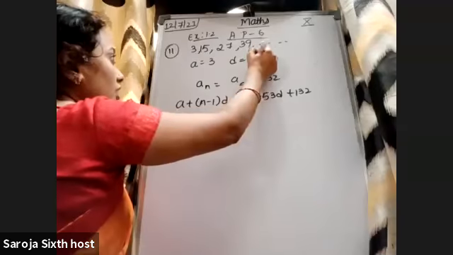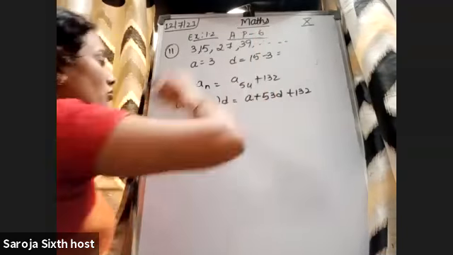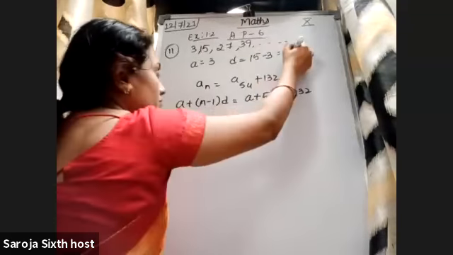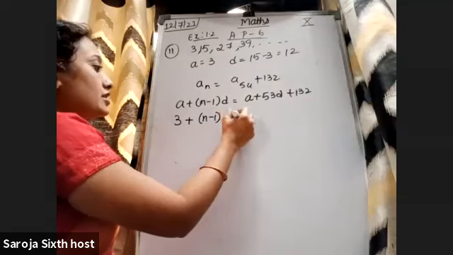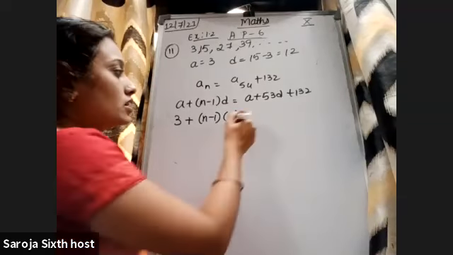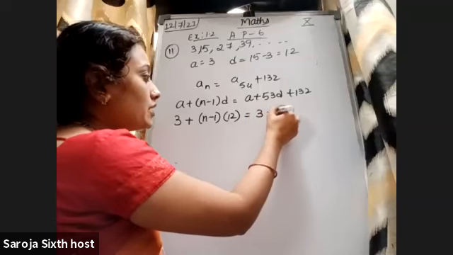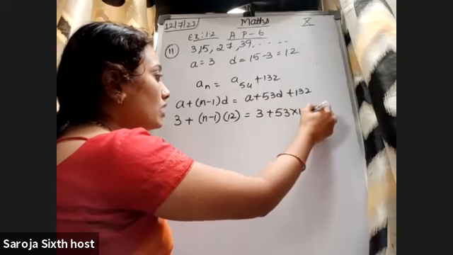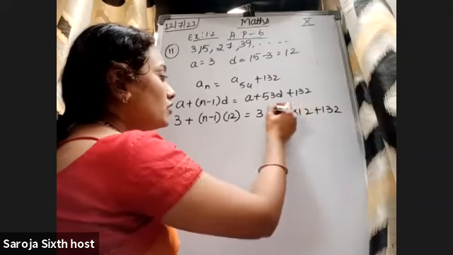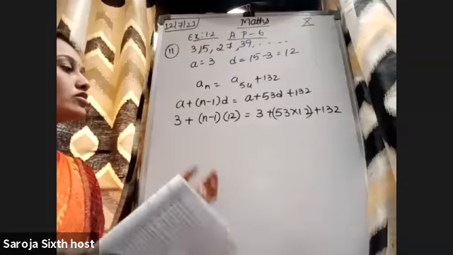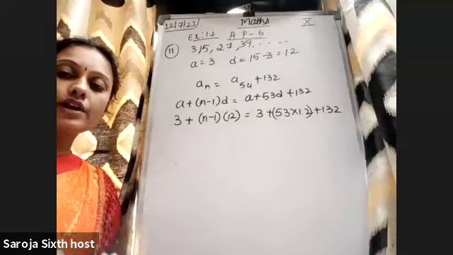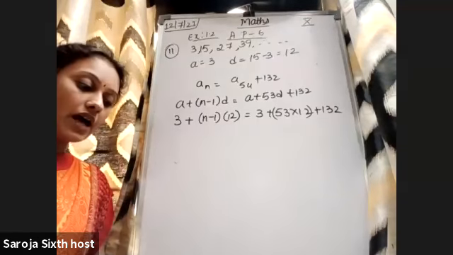Yes, ma'am. d is equal to 15 minus 3, which is how much? 12. So here a is 3, the n value we don't know, d is 12. It is equal to a, which is 3, plus 53 into 12, plus 132. First you must solve what is in the bracket.